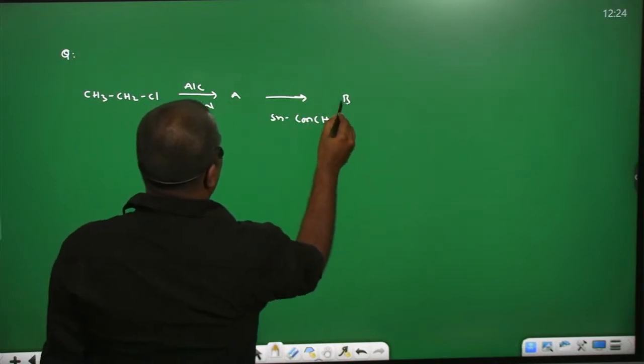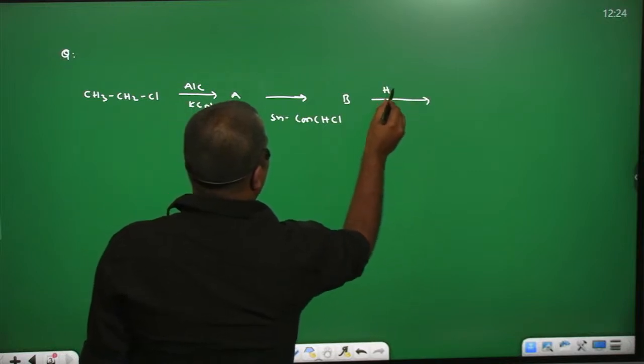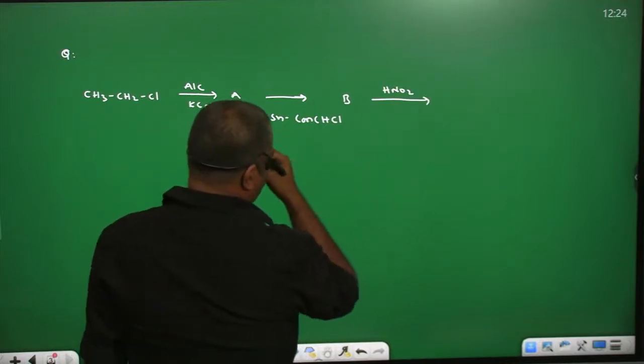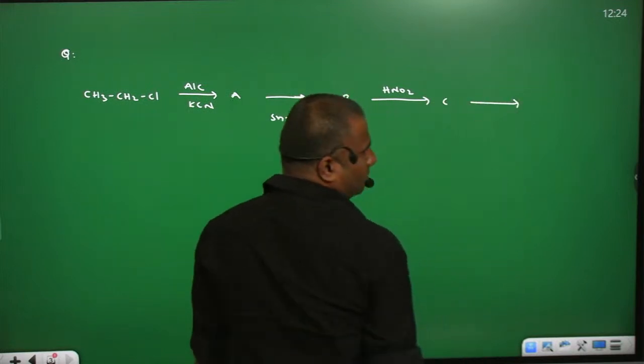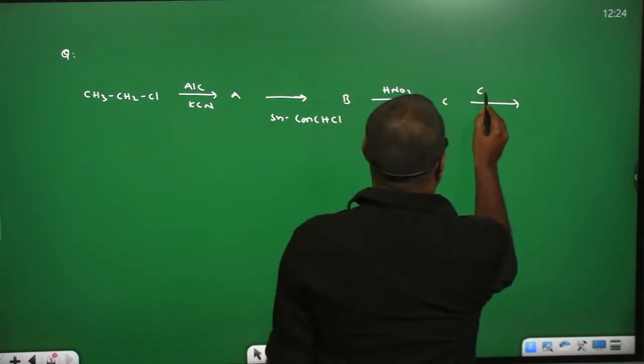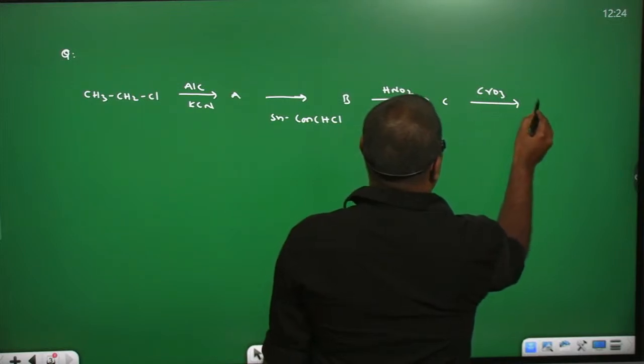You can get B. The B on treatment with HNO2, you can get C. The C on further treatment with CrO3, we can get D.